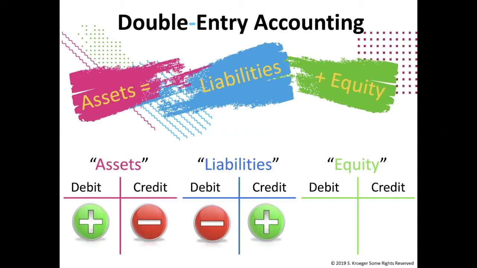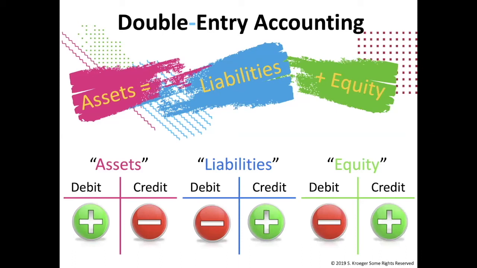For example, you swipe your credit card, you are now in debt. Your credit card balance, which is a liability, now increases. It would be a credit. If you pay off your credit card with next month's bill, that liability will be reduced as a debit. It will go away.